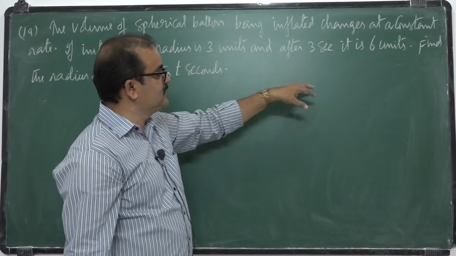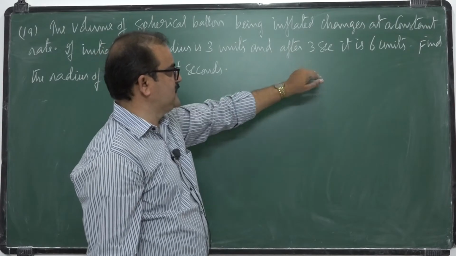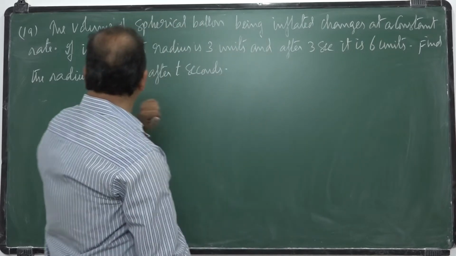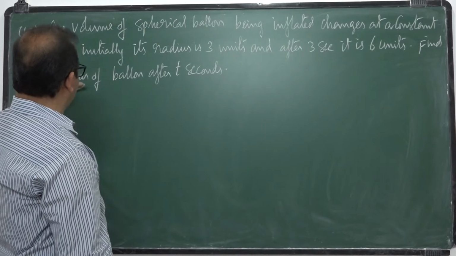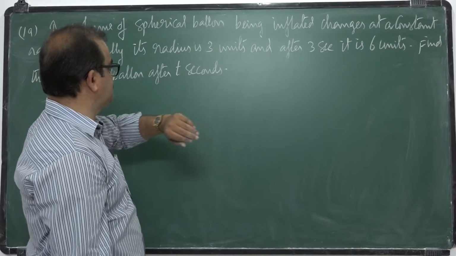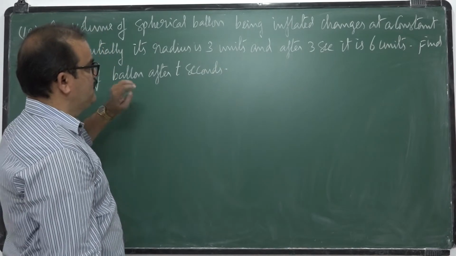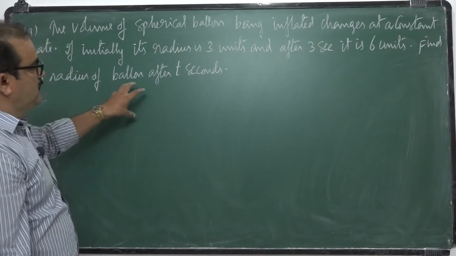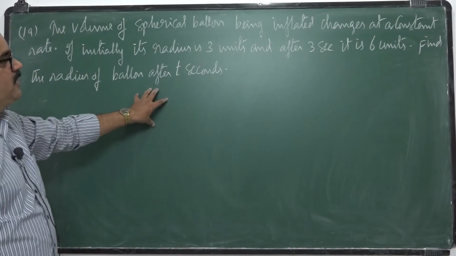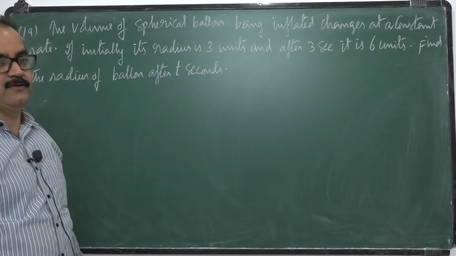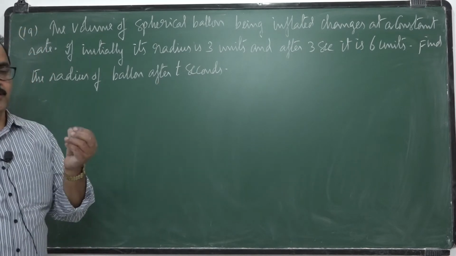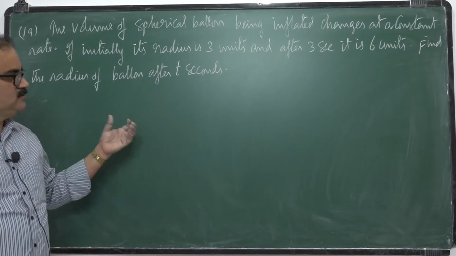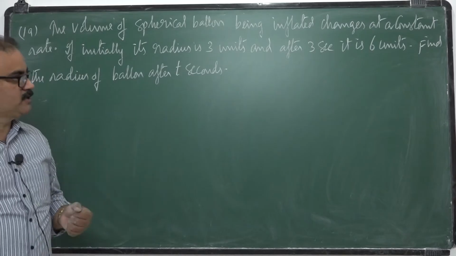The radius increases from 3 units to 6 units. We find the radius of the balloon after t seconds. Here let r be the radius and V the volume of the balloon. The volume of the sphere is 4 by 3 pi r cube.